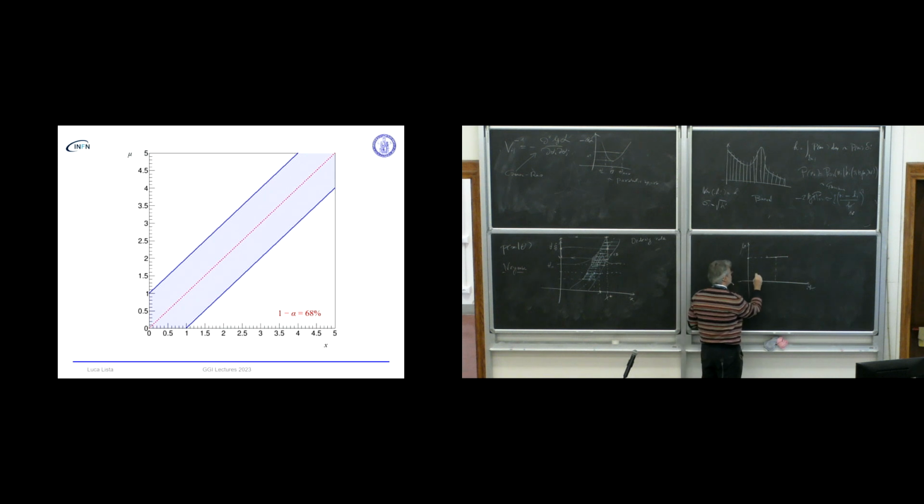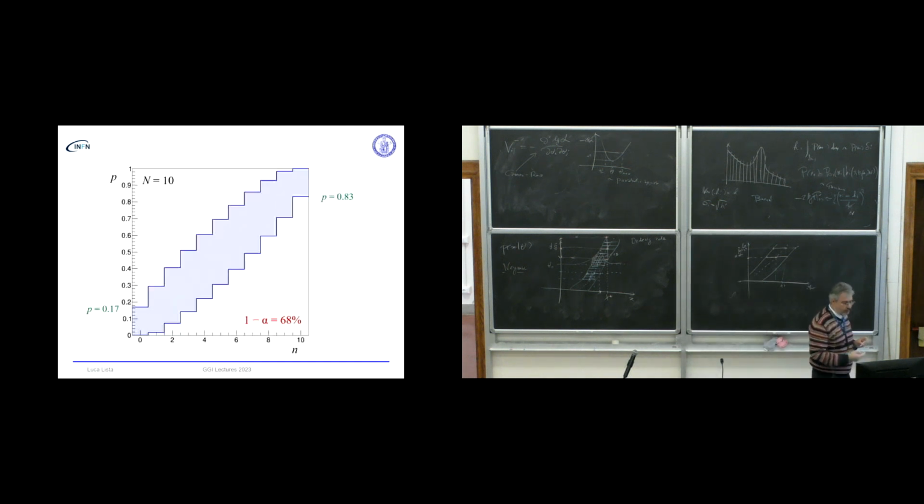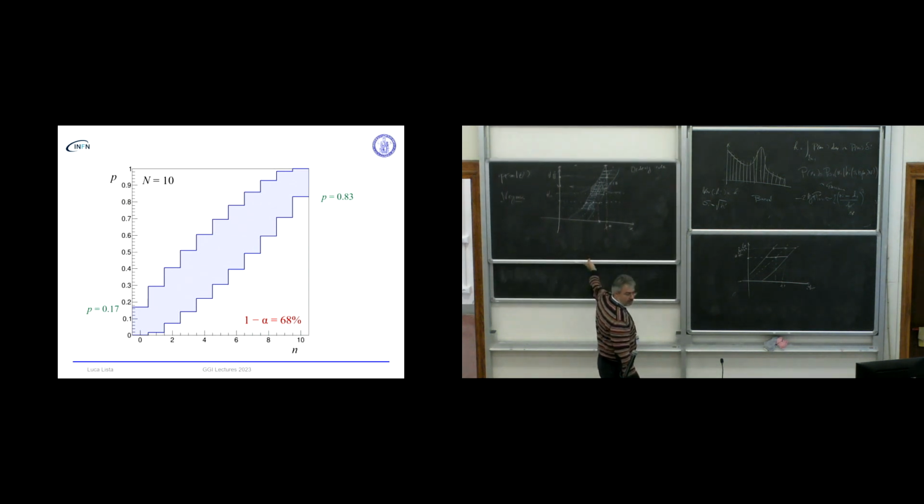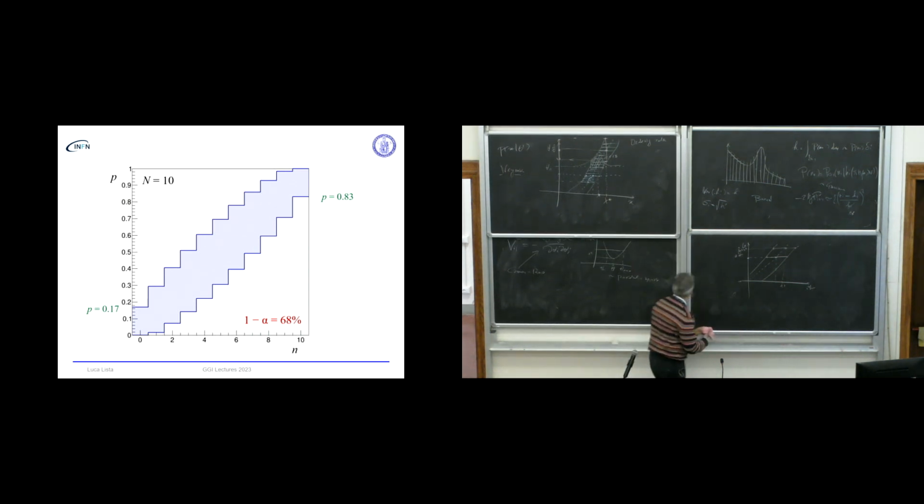All the points will lie on the diagonal, and the two bands will be just 1 sigma away from the diagonal. So if I build the vertical interval given an x star, this will be just mu hat equal to x star plus or minus 1 sigma. So here there is nothing trivial. Something which is maybe a little bit more tricky is if you consider a binomial distribution, because we end up with a bit of problems, which I want to outline in the last 8 minutes that we have.